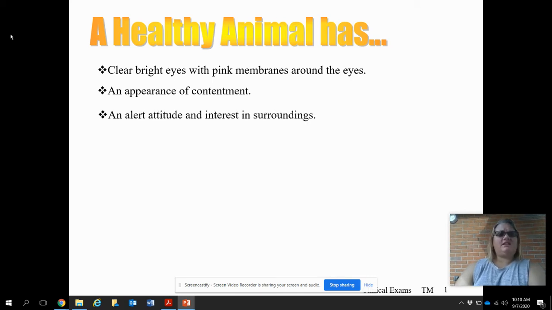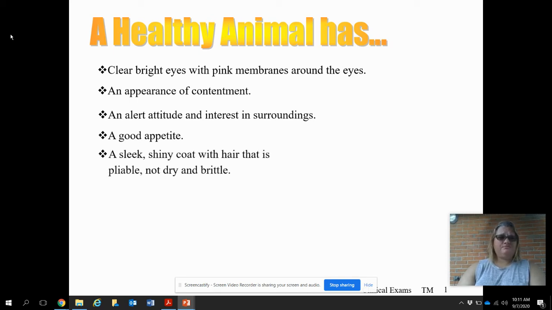An alert attitude and interested in their surroundings. A lot of times our dogs in the classroom lay around and sleep. That's a sign of contentment. But if things are happening, or somebody comes to the door, they perk up their head and are interested in what's going on around them. A good appetite, so eating and drinking well, that is important.